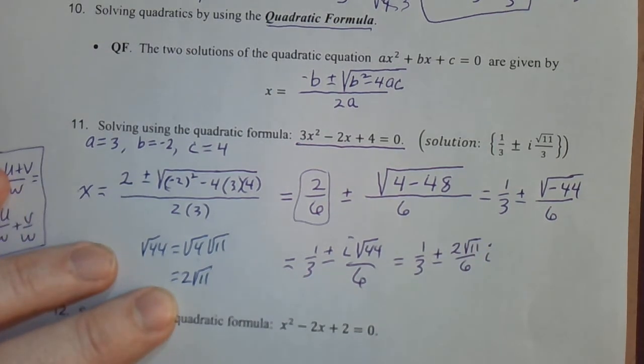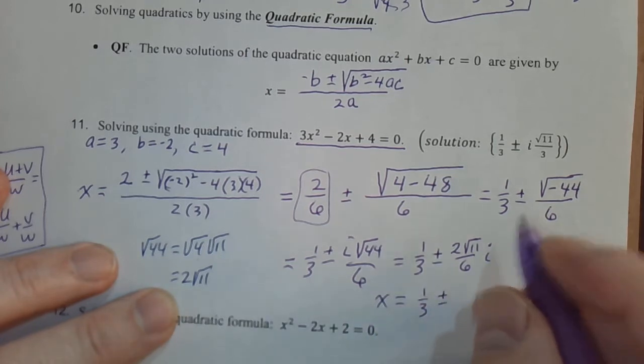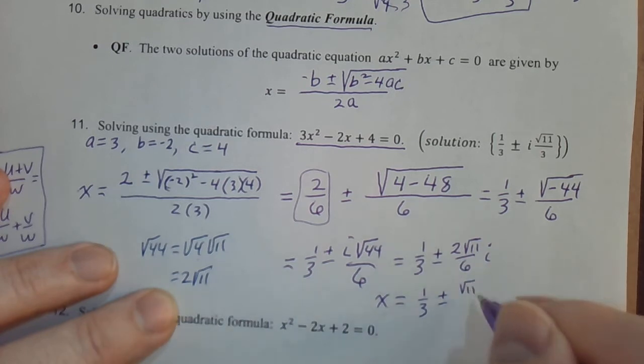One more thing and we're done. So the final answer, the 2 over 6 can cancel. So I'm going to say that x is equal to 1/3 plus or minus radical 11 over 3 times i.